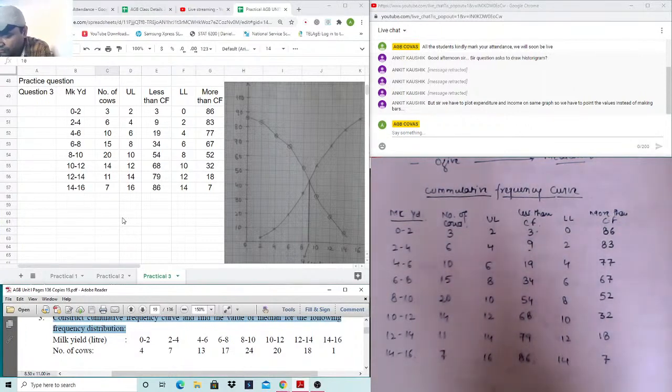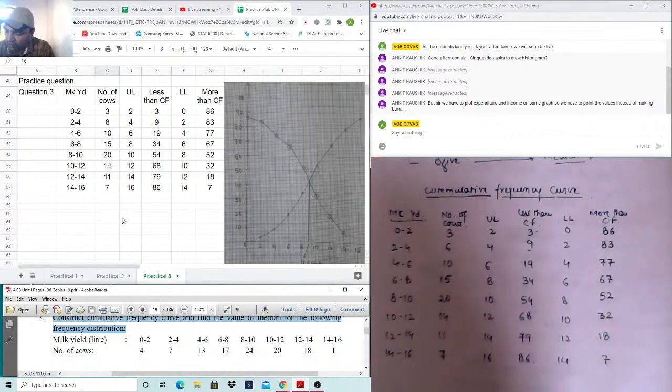Now we have to draw a frequency curve of this less than cumulative frequency and more than cumulative frequency. On one side, the number of buffaloes will be there in terms of cumulative.